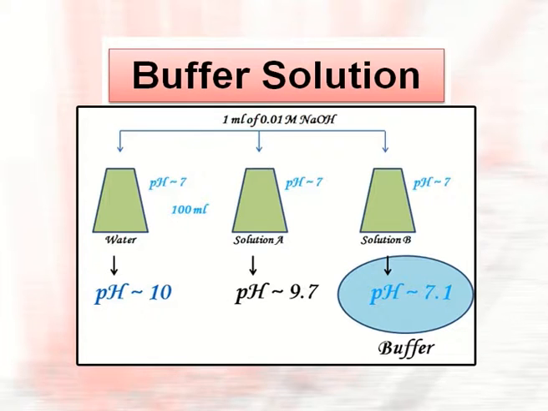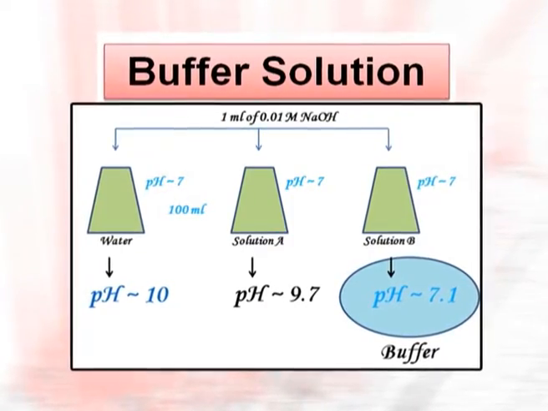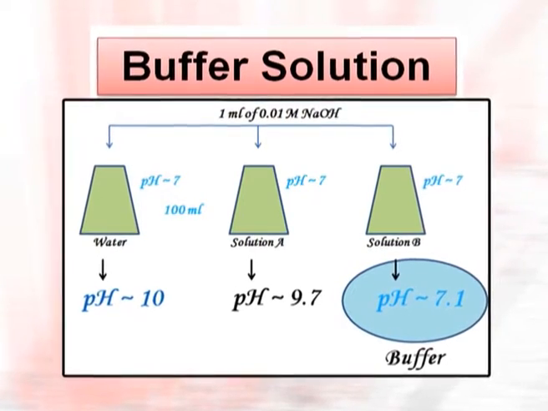However, the pH of solution B, or the buffer, will go only up to 7.1. Thus, solution B can resist change of pH upon addition of acid or alkali. Thus, solution B qualifies to the definition of a buffer.